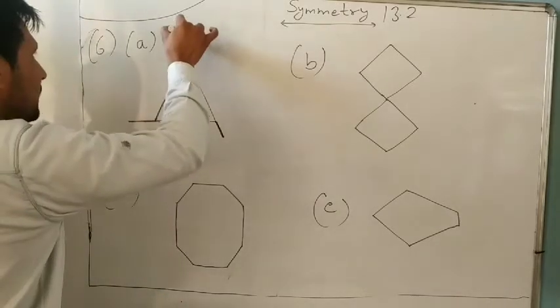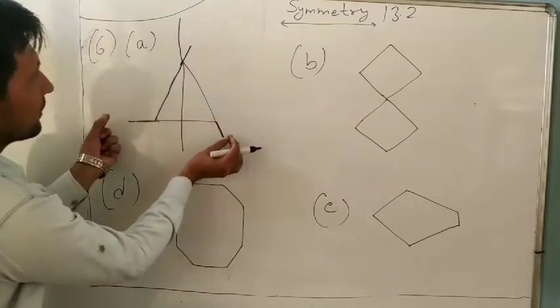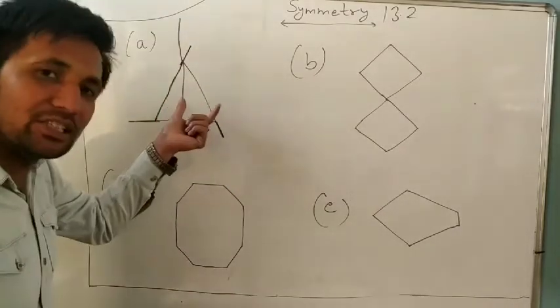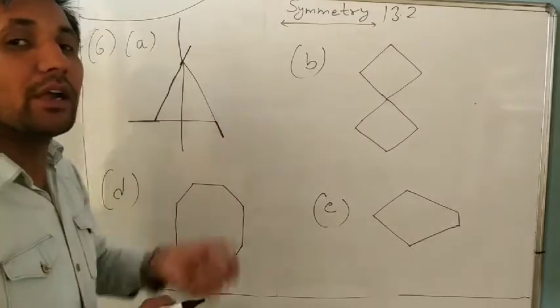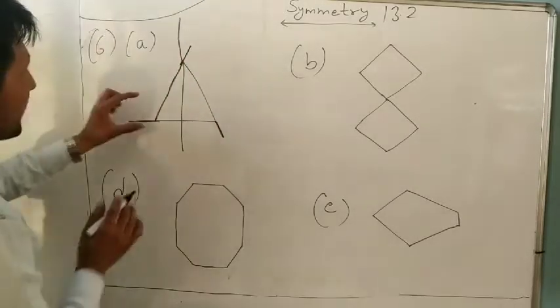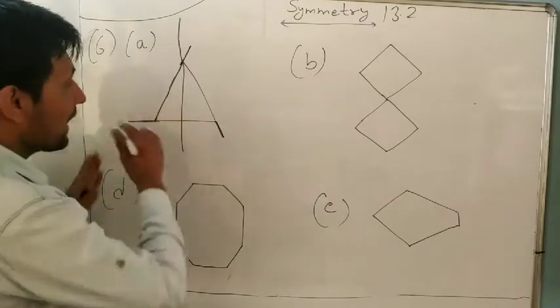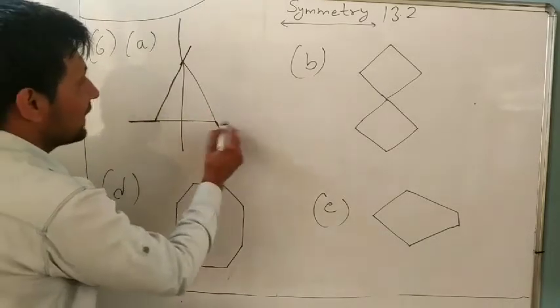If you take this line of symmetry, is it dividing the figure into two identical parts? No, because on the left side, the down side is not given, and on the right side the extended line is given.